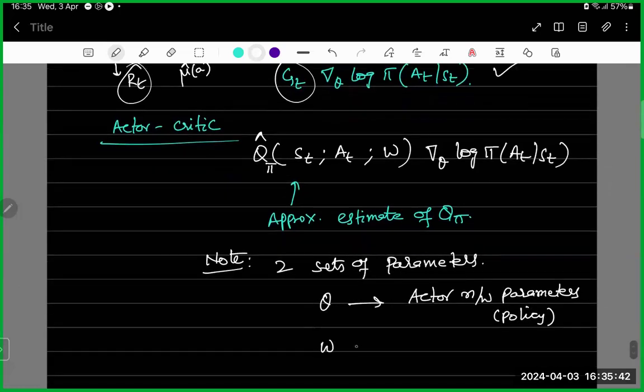And we have another set of parameters, W, which are the critic network parameters, which deal with the value.